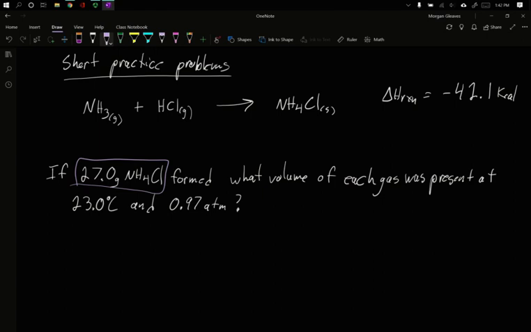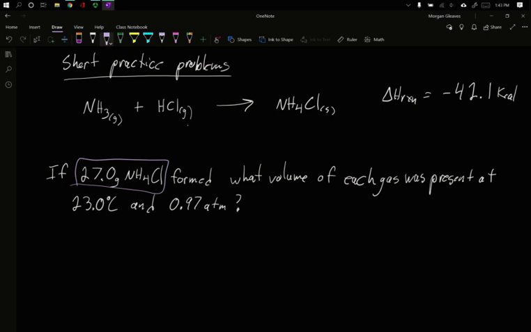Well, that means I know an amount of one of my chemicals. I can use the balanced reaction to go from an amount of one chemical to an amount of any other chemical in that balanced reaction. I can jump from one chemical to another, but I can't do it in grams. I have to be in moles.